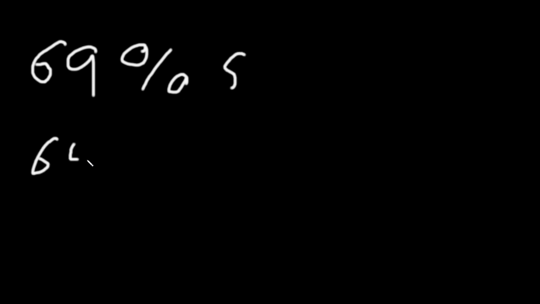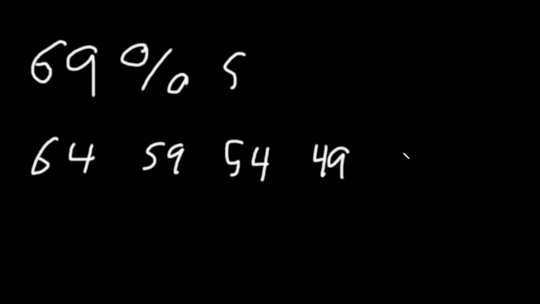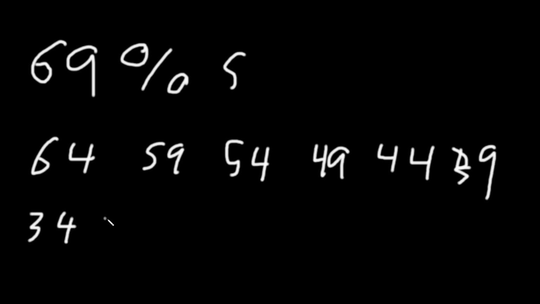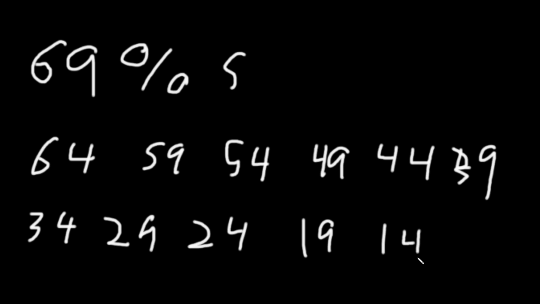So we have 64, then 59, then 54, then 49, then 44, then 39, then 34, then 29, then 24, then 19, then 14, then 9, and then 4. And 69 modulo 5 would equal 4, since 4 is now less than 5.